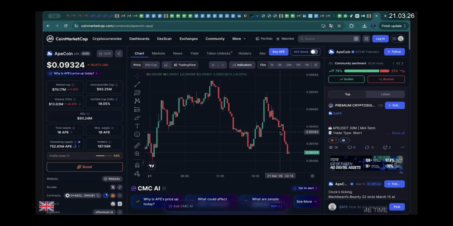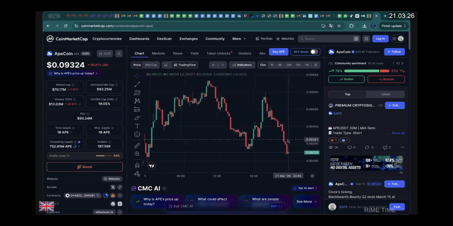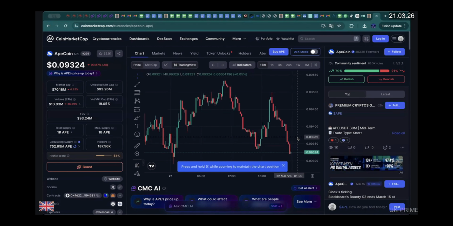On Ape, we can see now 0.29% profit. This is a short position. Okay, I just saw this is a short position. So right now the candle is becoming green.